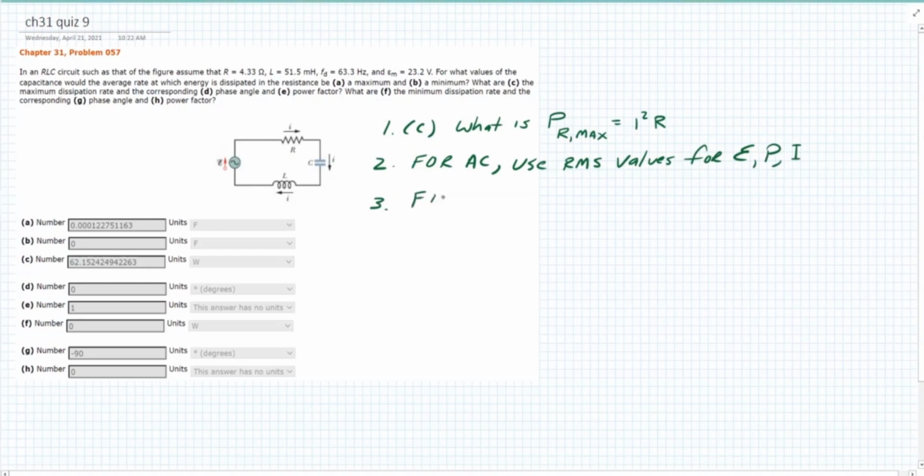So we need to find the RMS P, the power dissipated by that resistor, RMS. That's what we have to find. And that equals, it still equals I squared R, but it's going to be I RMS squared R. So this is what we have to figure out.